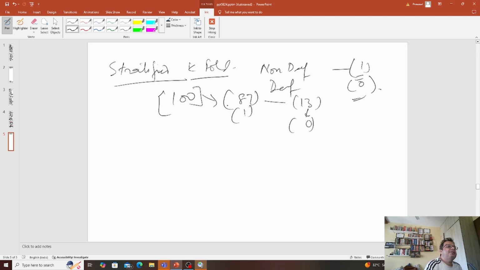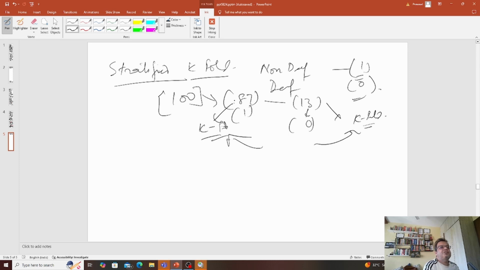In this particular case, 87 and 13 are weird numbers, but if they are round figures, we make the k-folds of this and this separately, and then we can pick more from here and less from here when we do our training and testing.